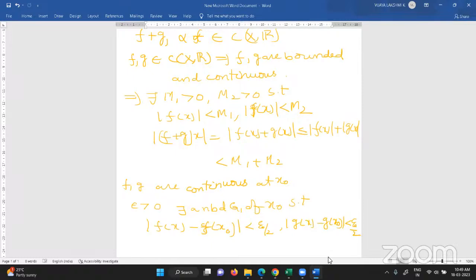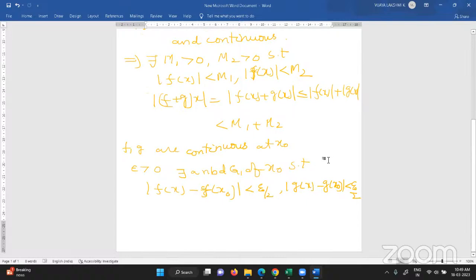Students, if you are feeling tough with the theory, this is like a problem type only, no? This kind of theorem, try to learn. f and g are continuous at x naught means for every epsilon greater than 0, there exists a neighborhood G1 such that mod f of x minus f of x naught is less than epsilon by 2, mod g of x minus g of x naught is less than epsilon by 2.